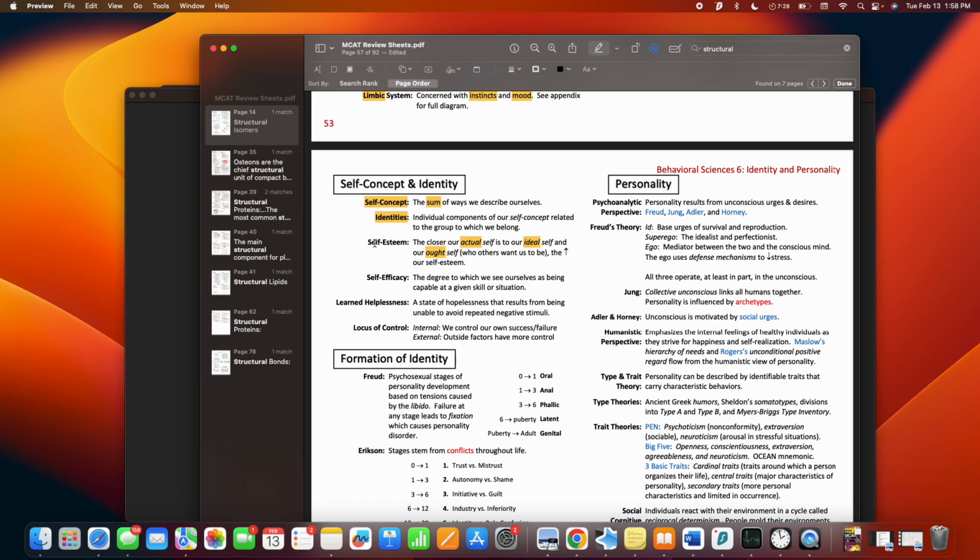Self-efficacy: the degree to which we see ourselves as being capable of a given skill or situation. So efficacy is our efficiency, right? Our skill sets. Learned helplessness: basically, I think it's just learning that you're helpless.